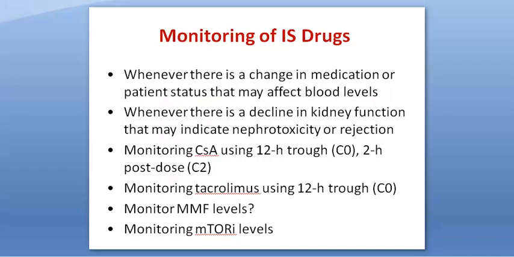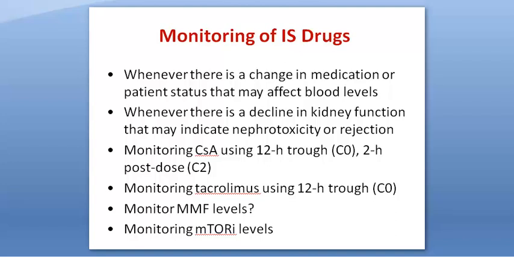An essential part of the clinic is to monitor immunosuppressive drugs: whenever there is a change in medication or the patient's status that might affect blood levels, whenever there is medication given to the patient that could interact with the immunosuppressive medication, and whenever there is declining kidney function that may indicate nephrotoxicity or rejection.